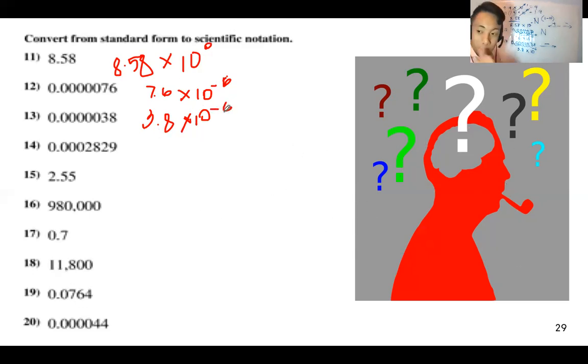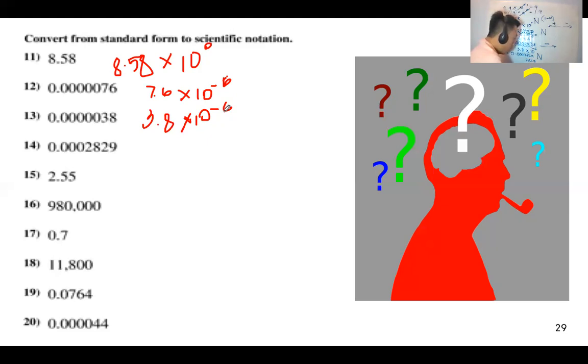Okay. Number 14 tayo. Tatlong zero, 2829. 0.0002829. Yan. We need to find the value of n. What is n? Is it 282.9? 28.29?